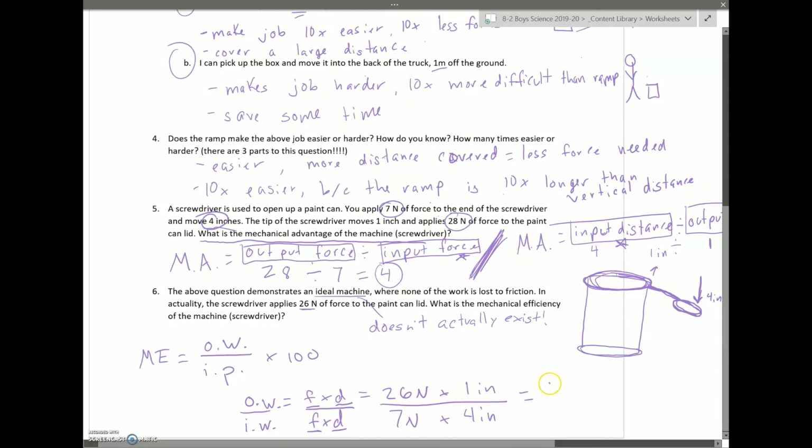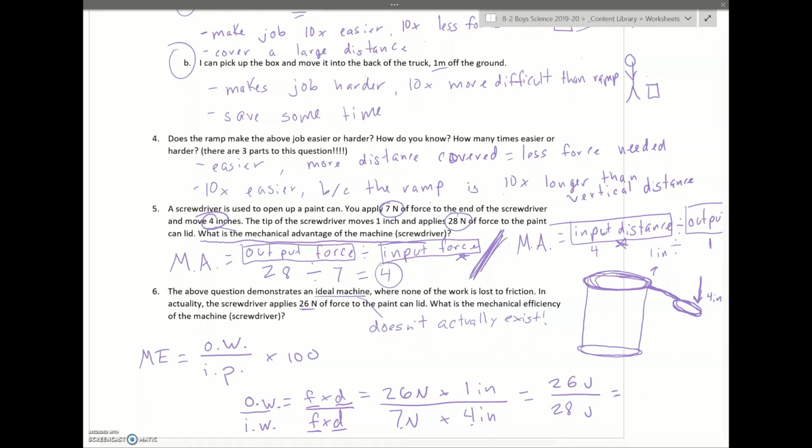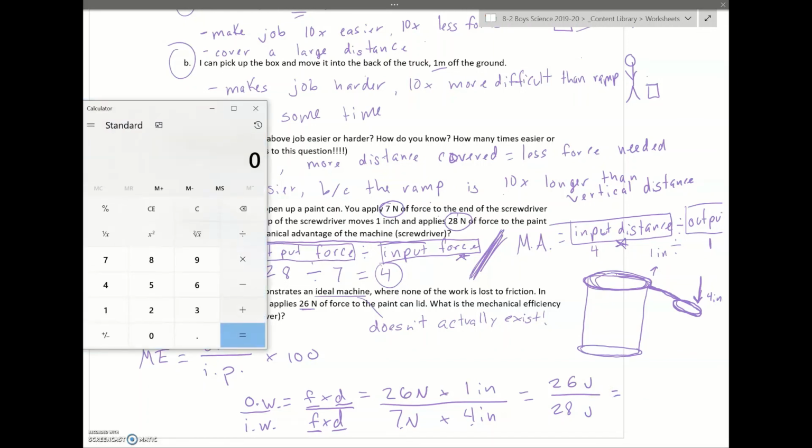26 times 1 is 26. 7 times 4 is 28. This is work, so the unit is joules. Get out my handy-dandy calculator. 26 divided by 28 gives us 0.928.